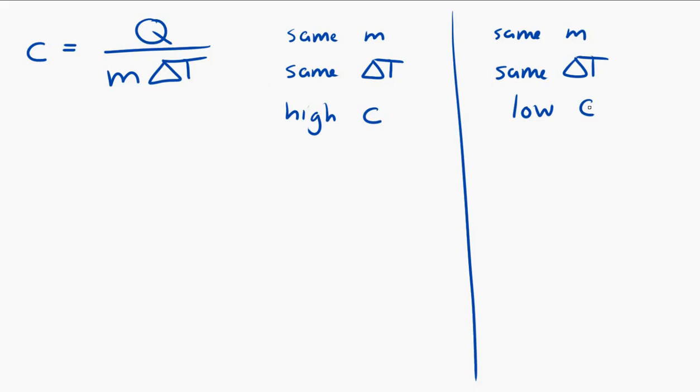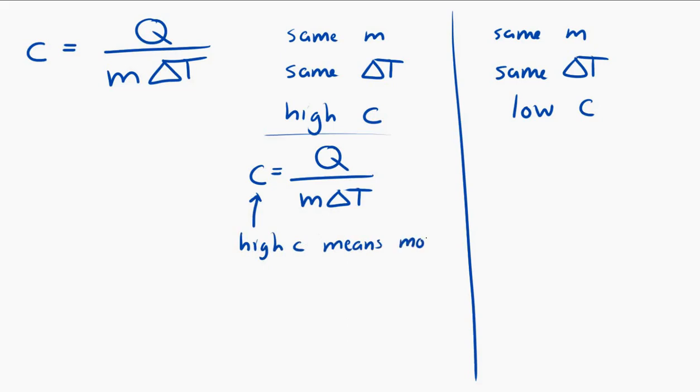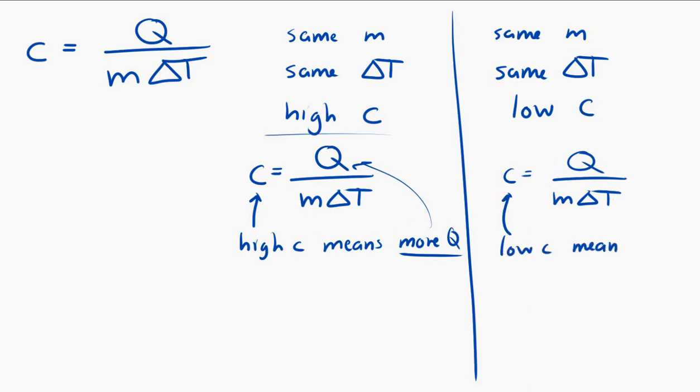Well, if your specific heat capacity is large, then that means for a certain temperature change, you have to have a larger Q. You have to add more heat to it to get that temperature change. And over here on the right, if you have a small specific heat capacity, then for a certain change in temperature, you need smaller Q. Less heat is necessary to do that.